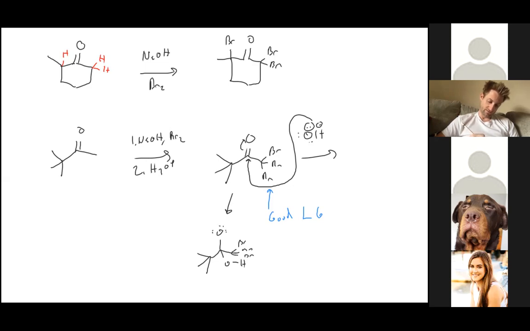We can kick out this CBr3 because it is a good leaving group, which can give us a carboxylic acid plus CBr3 minus, which can pick up a proton from H3O plus.